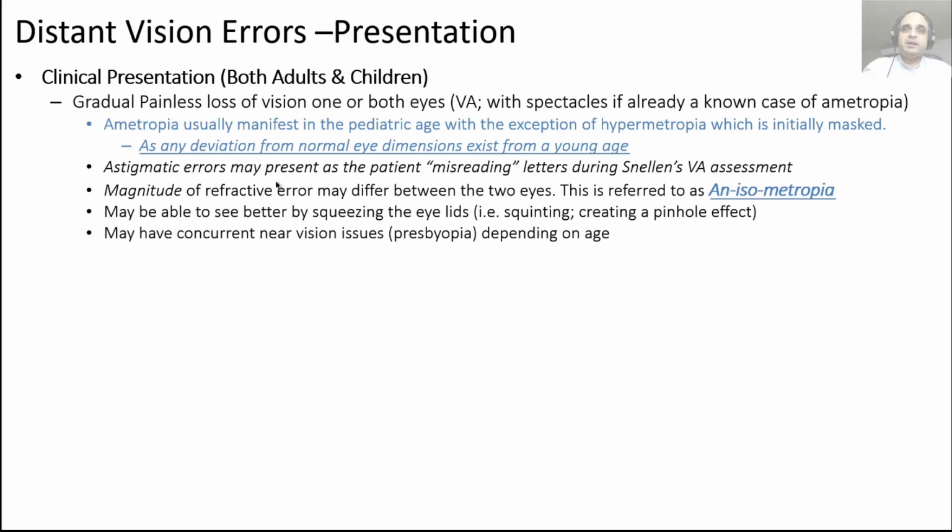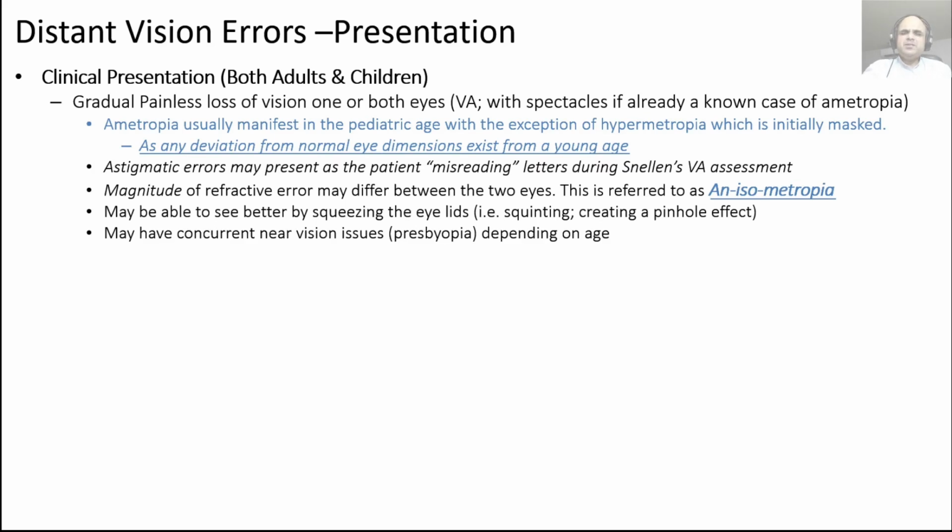Astigmatic errors present as the patient misreading letters during Snellen's visual acuity assessment. That is because the two-point foci actually confuse the patient as to what is written. So they might read an O as a P and so on and so forth. The magnitude of the refractive error between the two eyes can also differ, which is called anisometropia: an meaning not, iso meaning same, metr meaning measure, opia meaning vision.